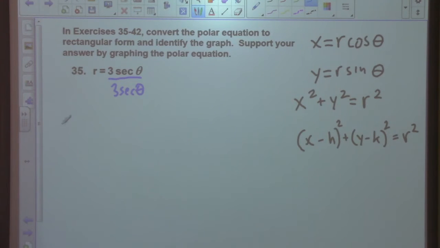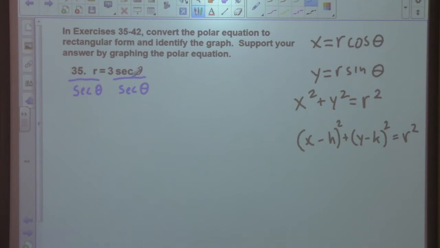Okay, and then actually, excuse me, I lied to you. We're going to divide by secant theta. Just secant theta. And we did that to the right side. What are we going to do to the left side? Same thing, right?